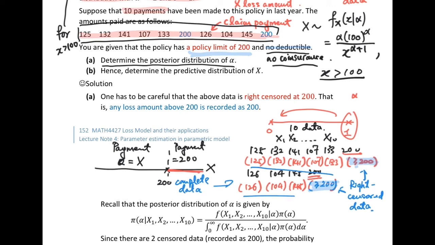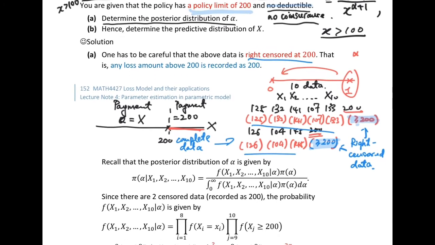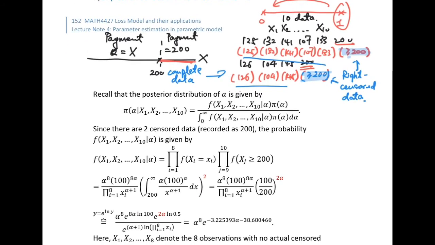Is that okay? So again, we are running into the situation that the observation on the loss amount is incomplete data, in the sense that the data is right censored at 200. Given this incomplete data, how would you get your posterior distribution?